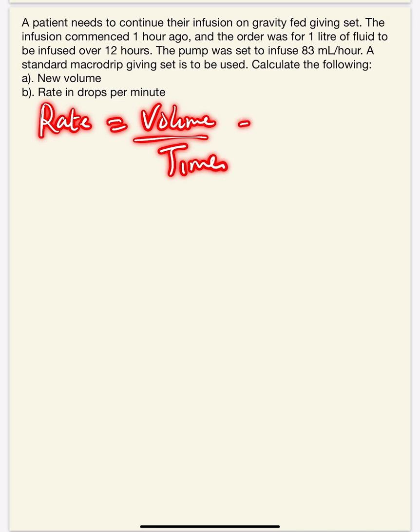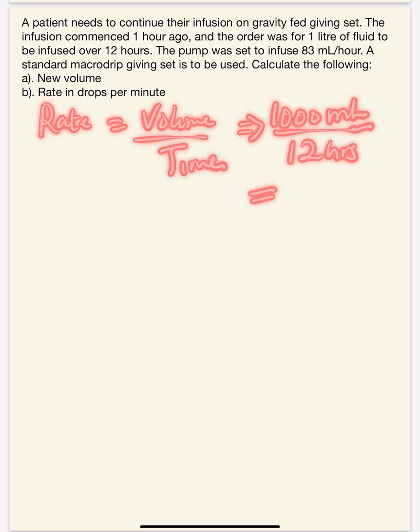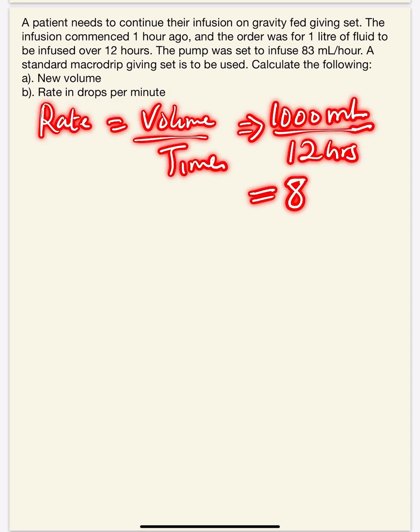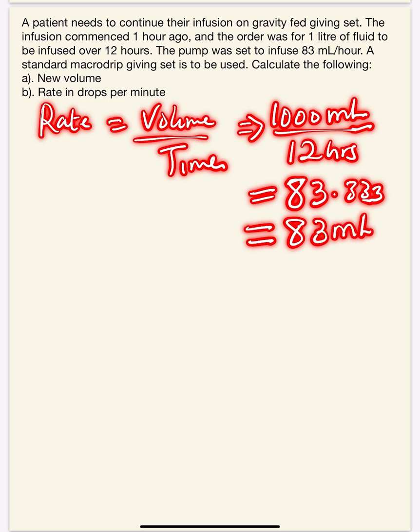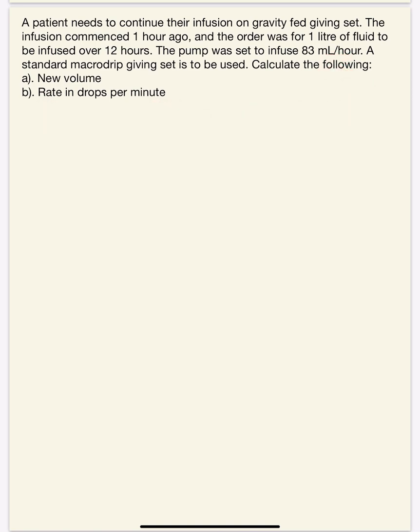Our volume is 1 liter, which is equivalent to 1000 milliliters, and you divide by time, which is 12 hours. This gives you 83.33 mils per hour. If you round this down, it gives you 83 mils per hour.